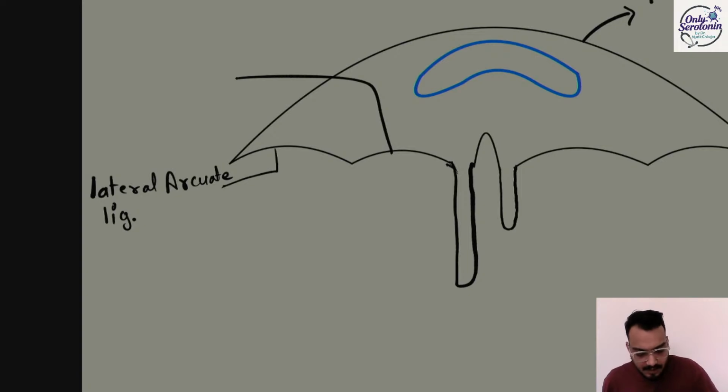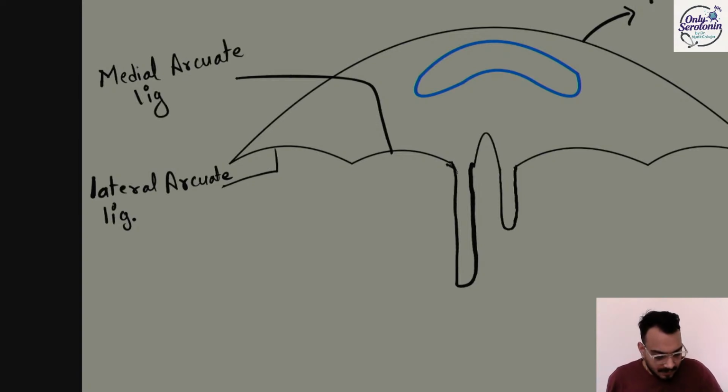This one here is your medial arcuate ligament. Then we are having right crus and left crus.